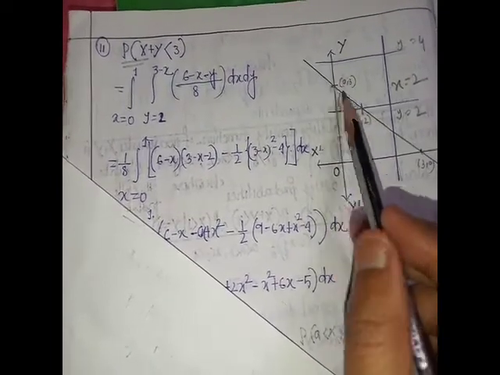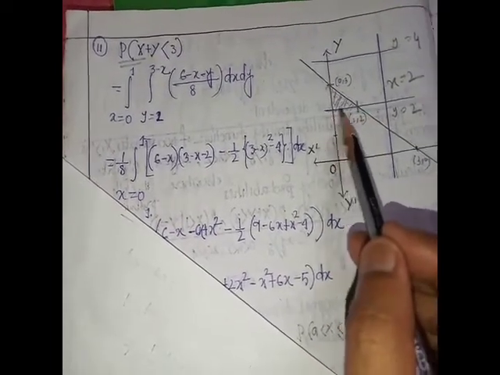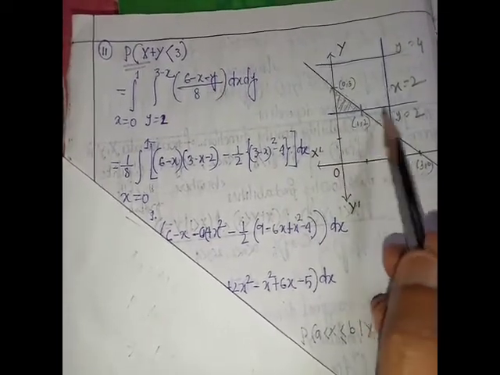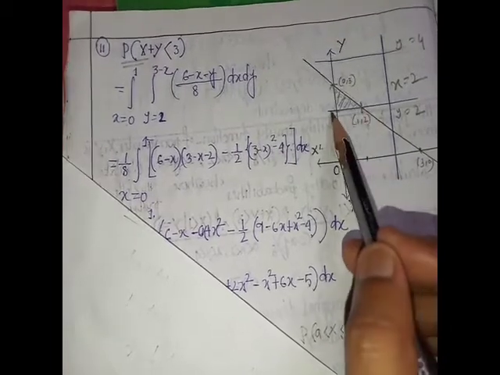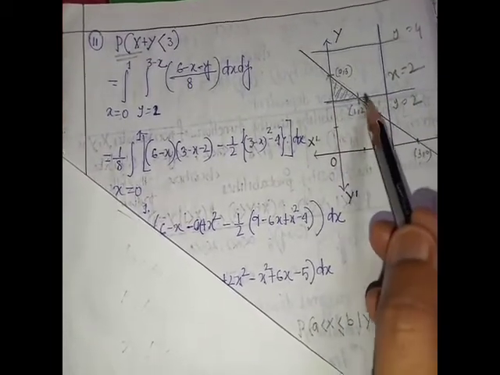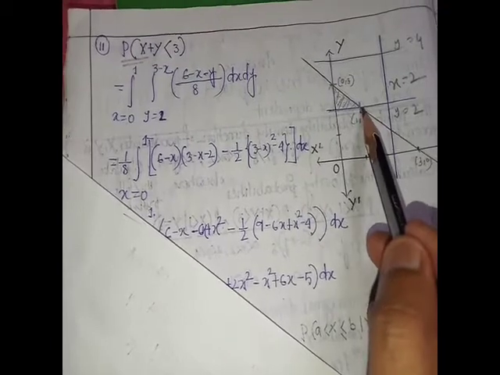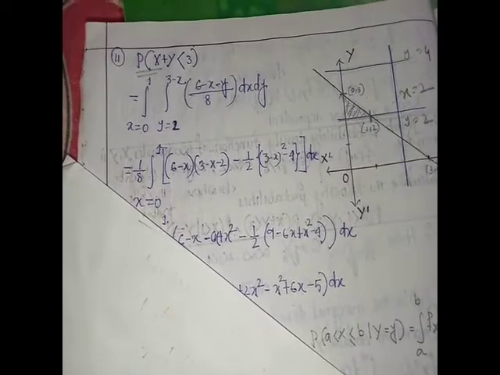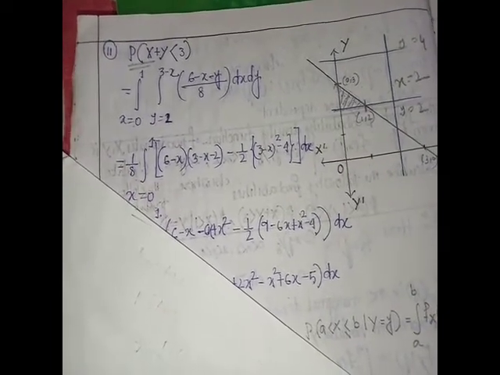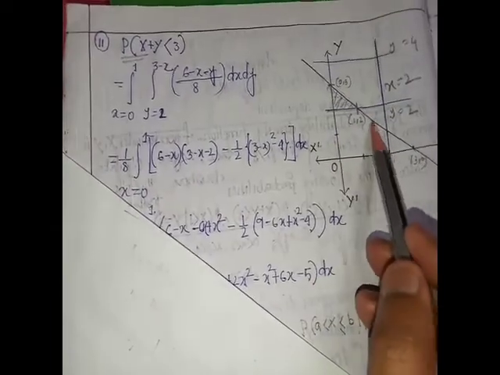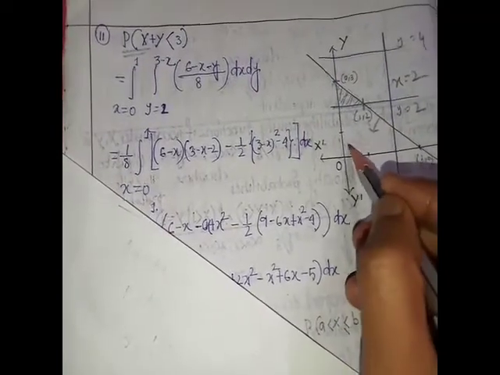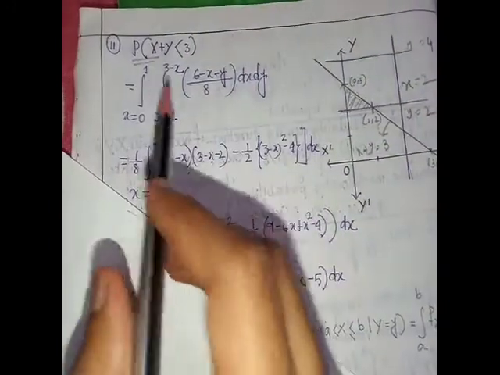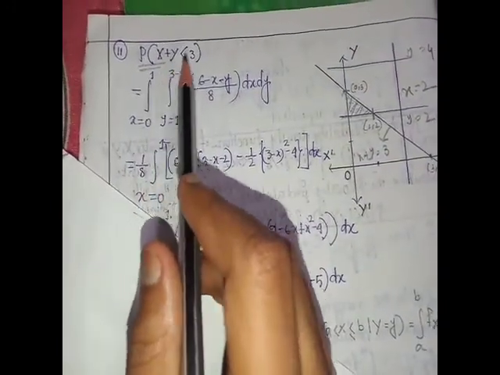If we solve the line x plus y equal to 3 and the line y equal to 2, we get the coordinate of this point as 1 comma 2. And this line is x plus y equal to 3.